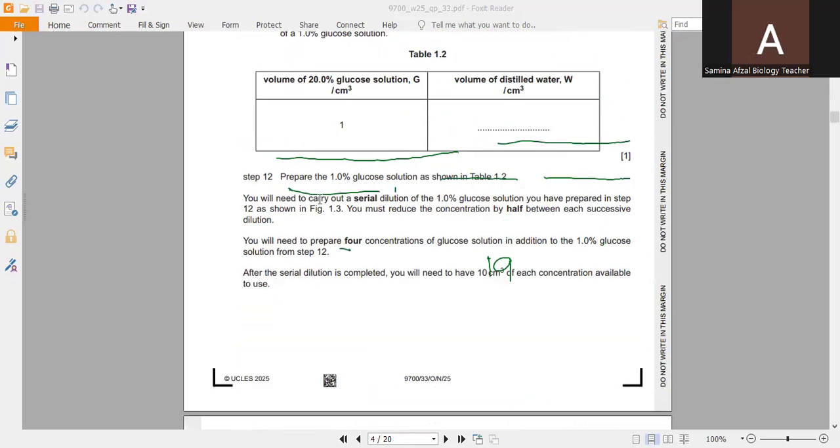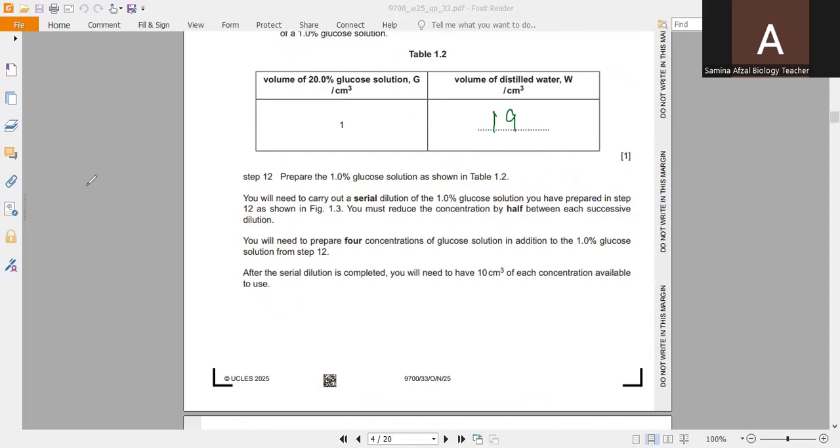So now the next step is step 12. Prepare the 1% glucose solution as in table 1.2. You will need to carry out a serial dilution of the 1% glucose solution you have prepared in step 12, as shown in figure 1.3.